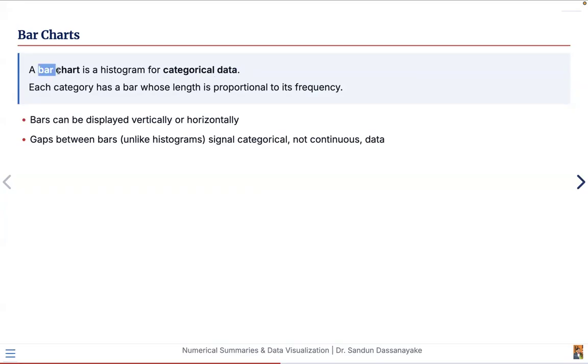That's a bar chart. Each bar indicates how many respondents gave that response. Each category has a bar whose length is proportional to its frequency. Bars can be displayed vertically or horizontally, with gaps between bars, unlike histograms.